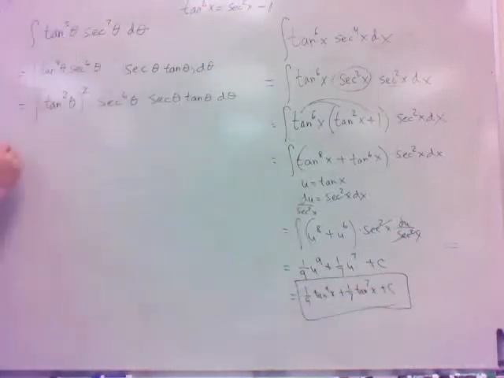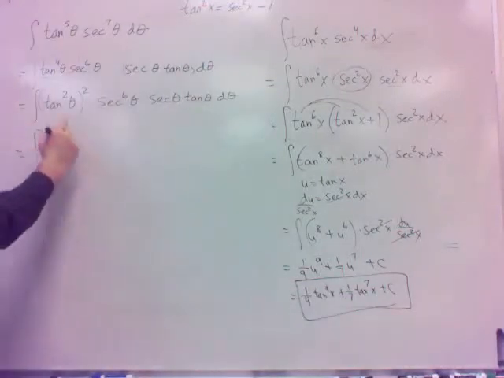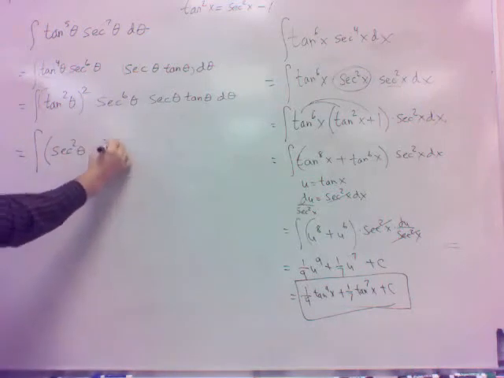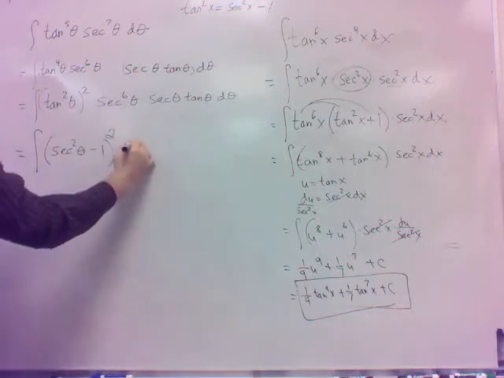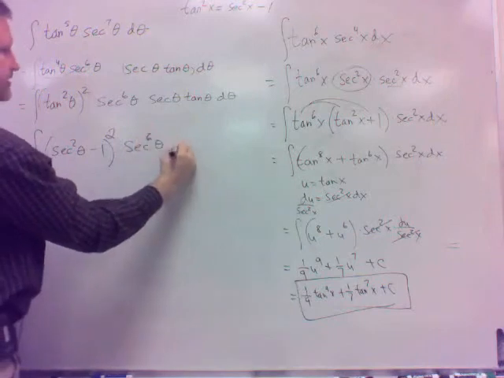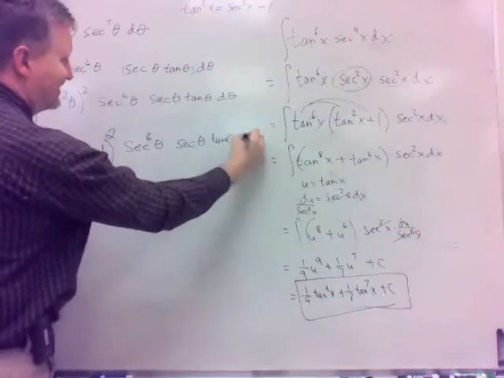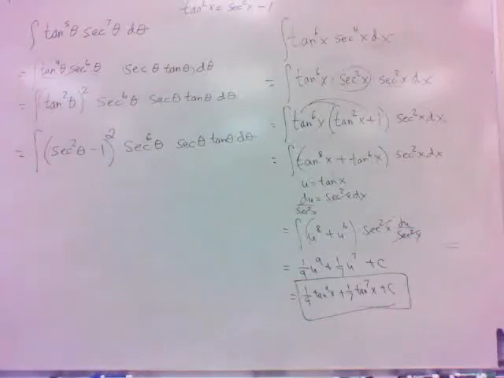Then I can replace tangent squared by secant squared. So it'll be secant squared theta minus 1 squared, secant to the 6th theta, secant theta, tangent theta, d theta. Okay. Making it way long there, but it'll pay off.